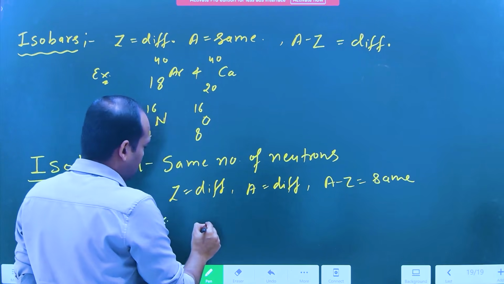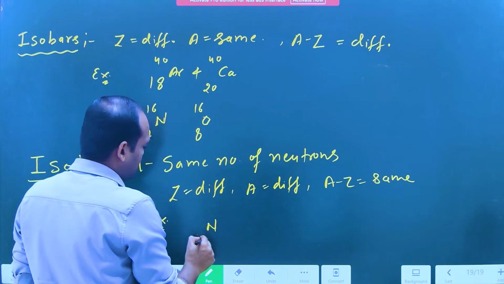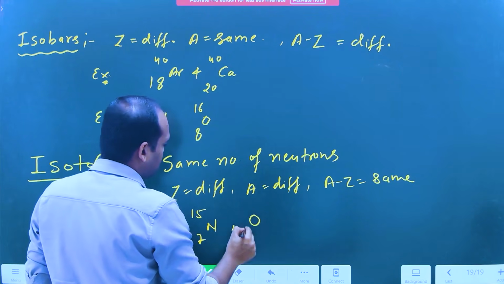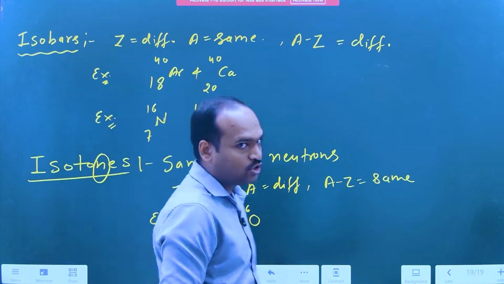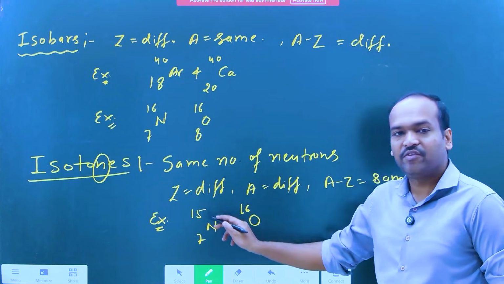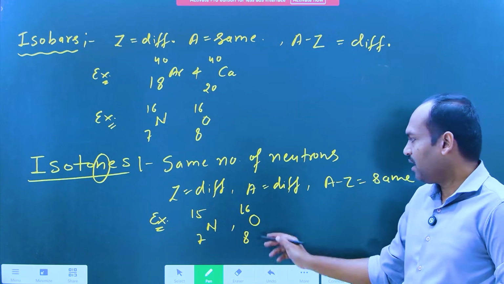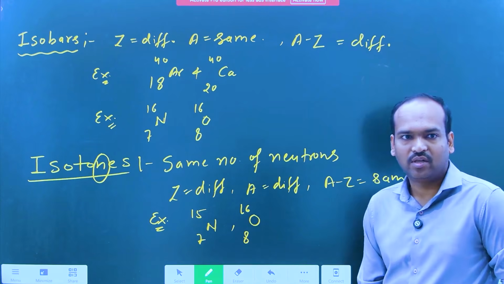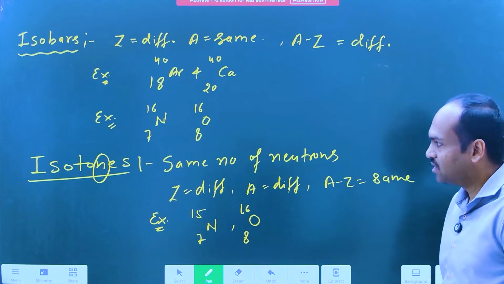Examples for isotones: nitrogen 7, 15 and oxygen 8, 16. They are isotonic. The difference 15 minus 7 is 8, and 16 minus 8 is 8.